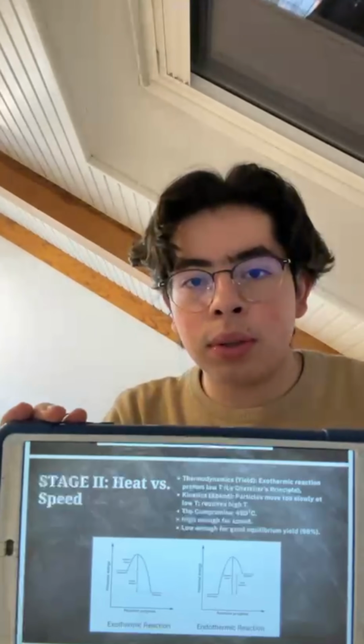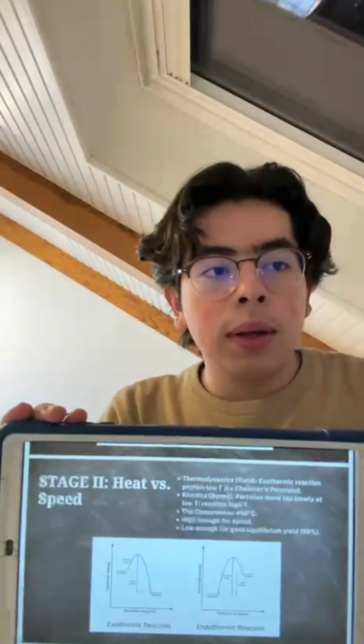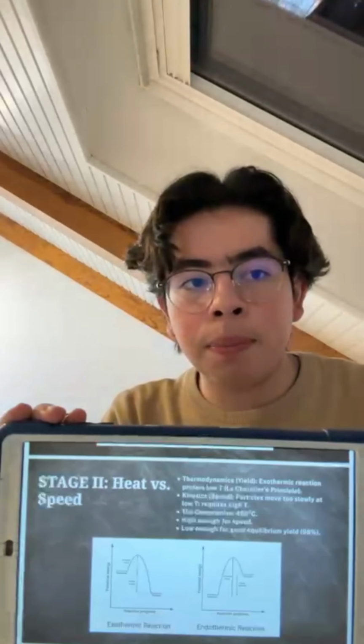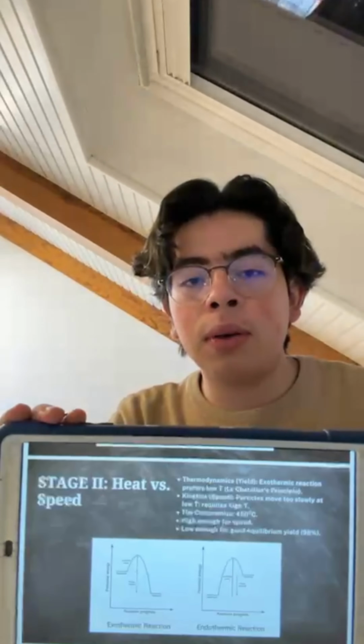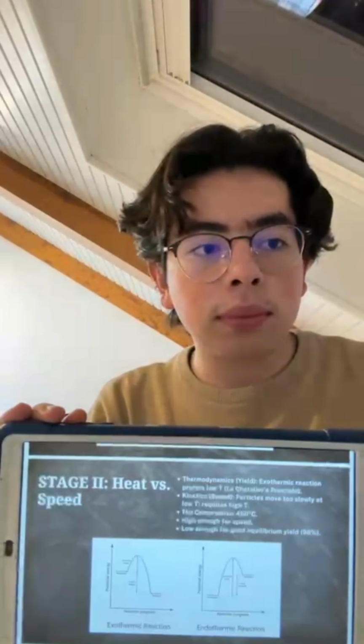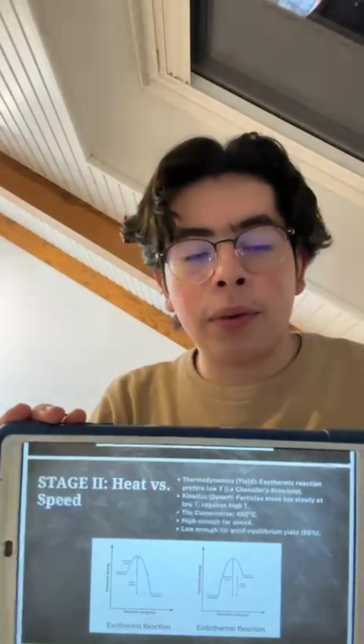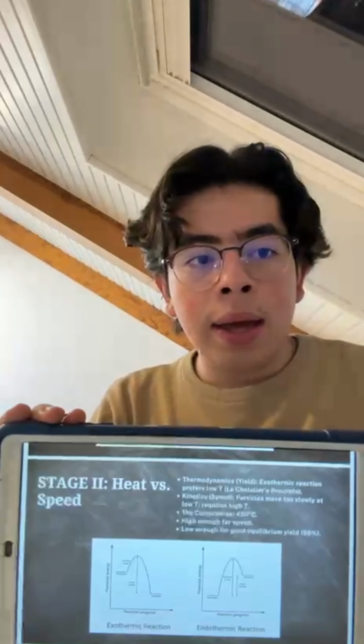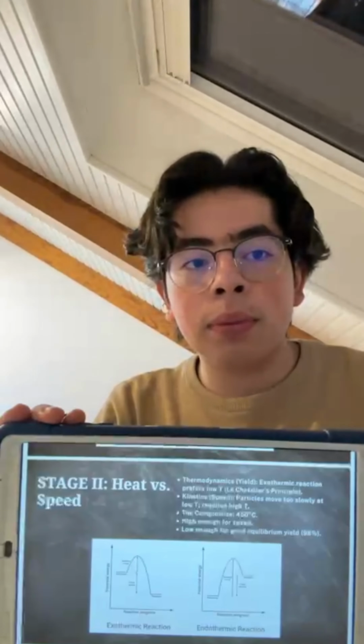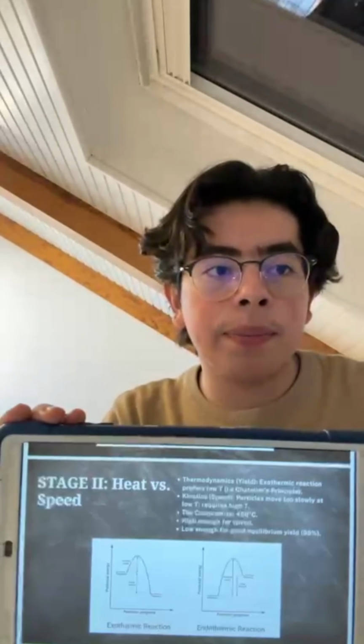To increase the rate of reaction, we need a high temperature so that the speed goes up. So engineers solve this by choosing a compromise temperature of 450 degrees Celsius, because this is high enough for the reaction to happen quickly, and low enough so that the equilibrium doesn't shift too far back to the reactants.